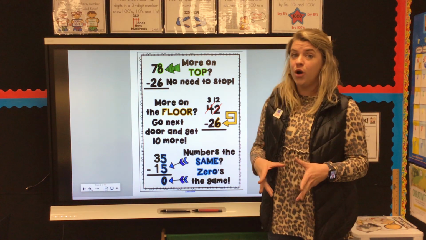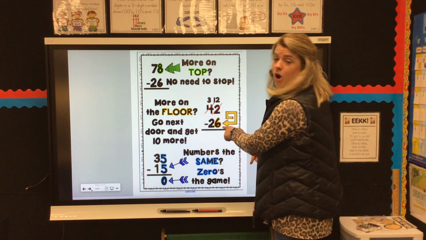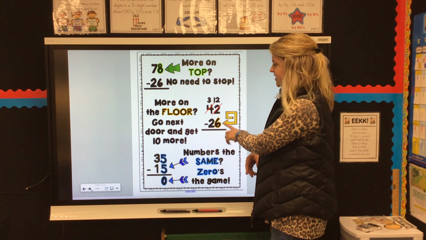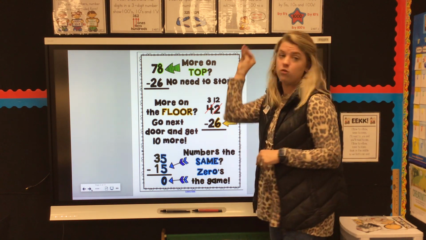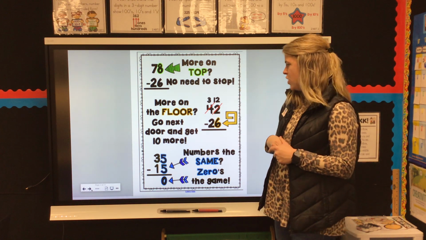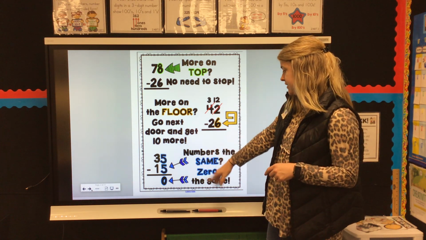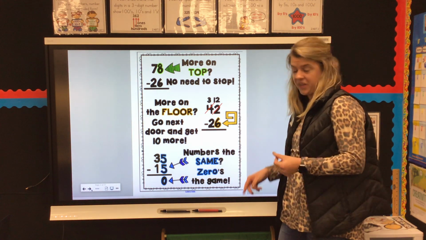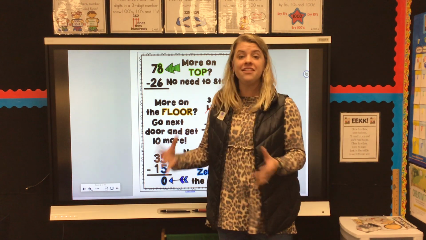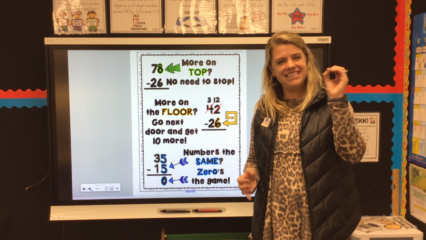That means if there's more in the bottom number of ones, we can't subtract. So we have to go next door and borrow and regroup it as 10 ones. And our last one is numbers the same, zeros the game. If we have two numbers that are exactly the same, the answer is going to be 0.